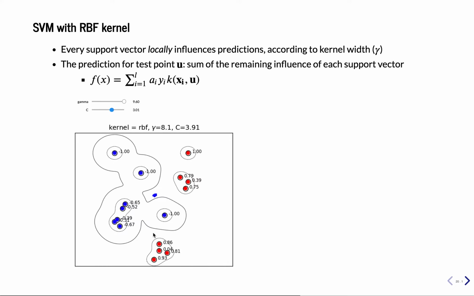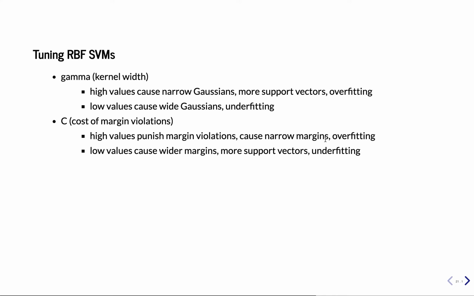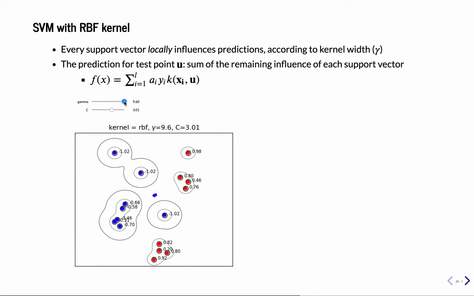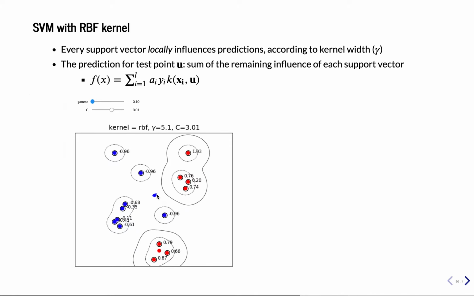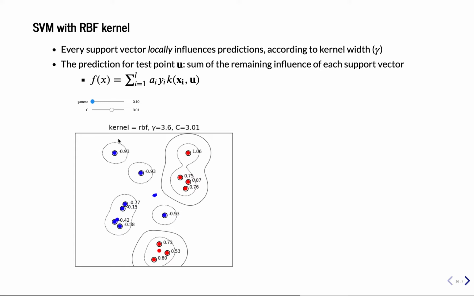So it's obviously overfitting. If gamma is too low, then our kernels are too wide, and everything overlaps, and we start underfitting. That's the case when gamma is very low here. You will get this one single ellipse around the blue points.